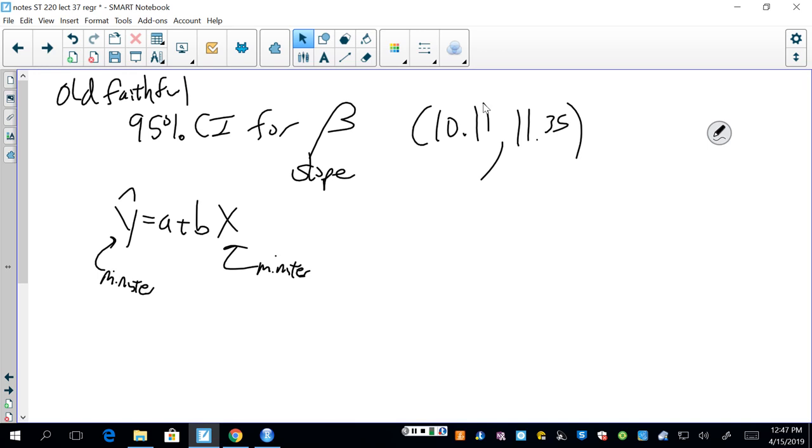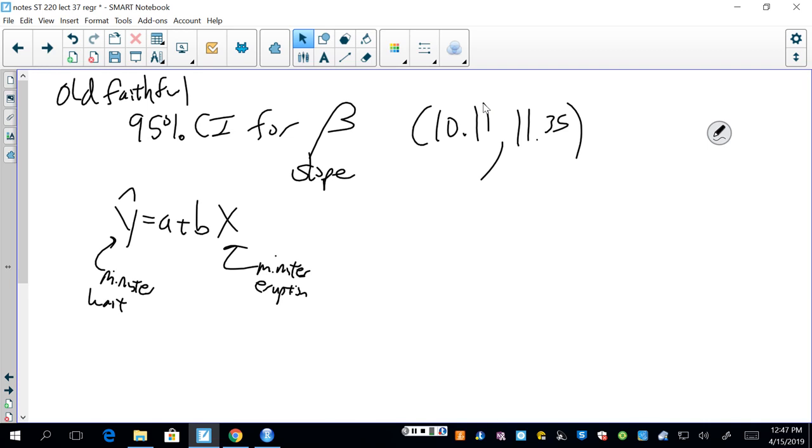It's a rate of change, right? So how many minutes is it going to be? This is waiting, and this is eruption. So they're both in minutes, so it looks like they cancel, but they really don't. This is minutes of waiting per minute of eruption.